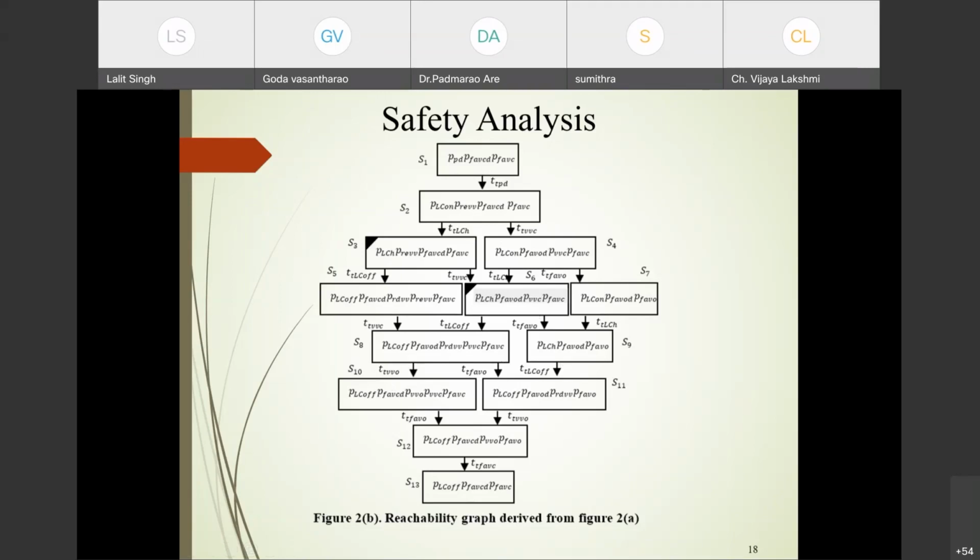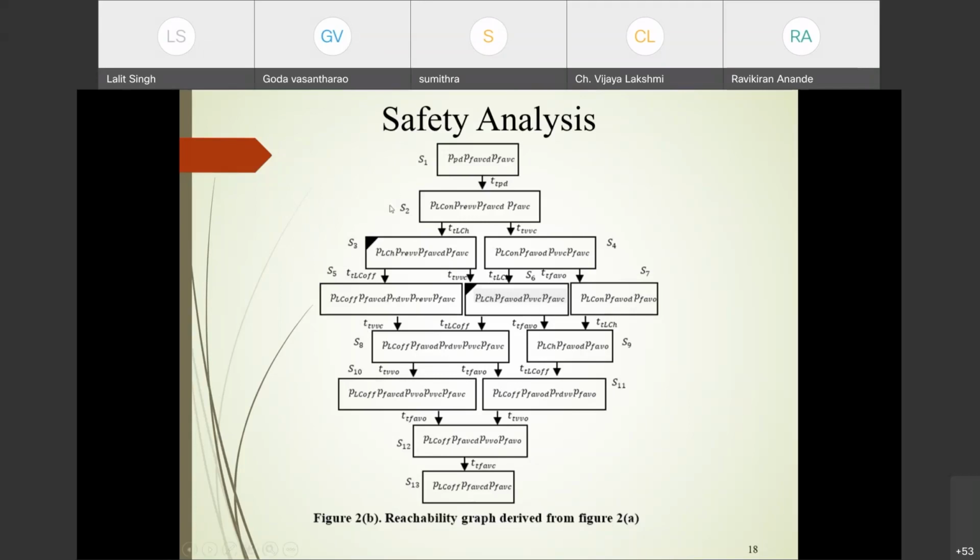Now, once I draw the reachability graph, I have to analyze each and every state, because every block represents the state of the system, that is, the distribution of the tokens. The idea is that you identify all the system states, identify whether any state is in a risky or hazardous state, and try to devise some mechanism so that hazardous states can be avoided.